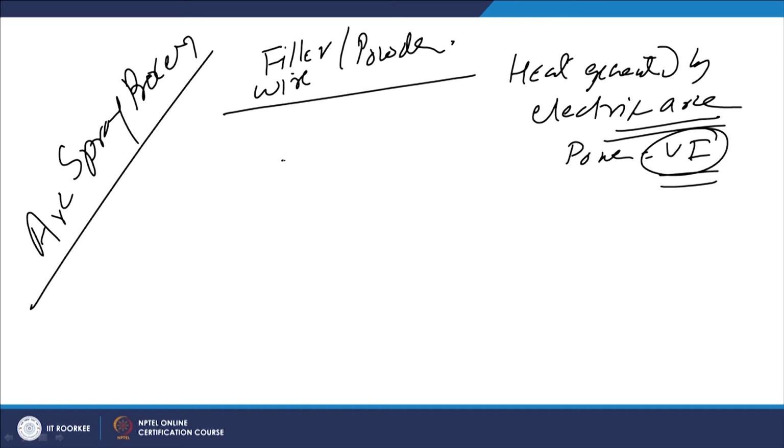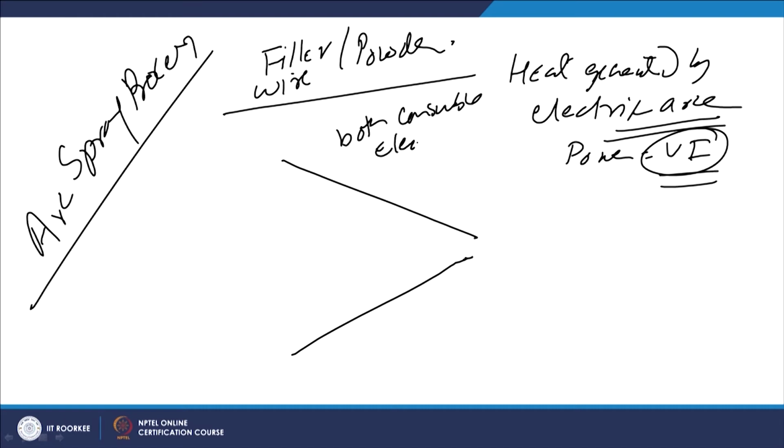Mostly this process uses two wires like this, and both these wires are consumable electrodes of the material to be coated. Like if zinc is to be coated, then both the wires will be made of zinc, and they are connected to a suitable power supply.